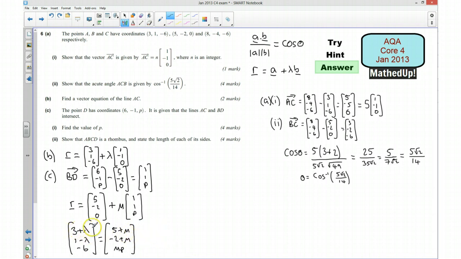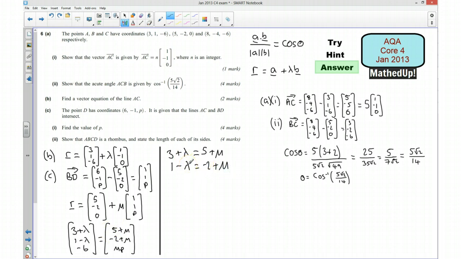So that means that 3 plus lambda, so I'm just going to create some more room over here. Okay, so I'm going to say that this is equal to this, so my x components, 5 plus mu, and I also know that 1 take away lambda is going to be equal to negative 2 plus mu.